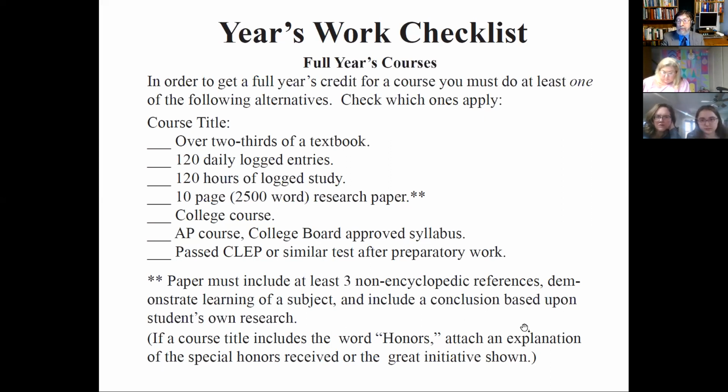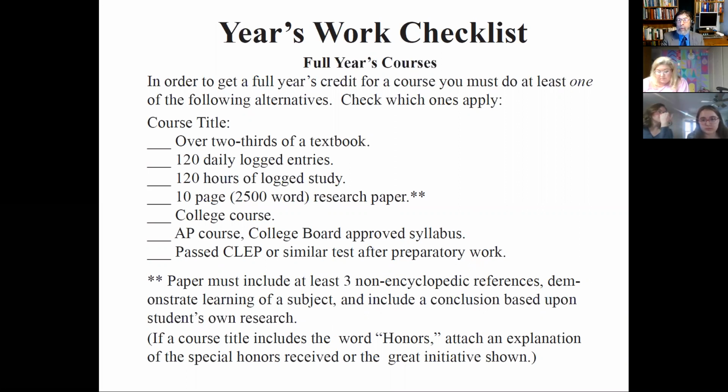That's how your evaluator has to explain it in the evaluation letter in order to put honors on. We started this bylaw when some evaluators were making everything honors, honors phys ed, everything was honors, and it was trivializing the word honors. There was no consistency throughout our program. So now the evaluator has to attach an explanation. Like if you win an award, that's a special honors received. If you show great initiative in the course, that's a way you can get it called an honors course.